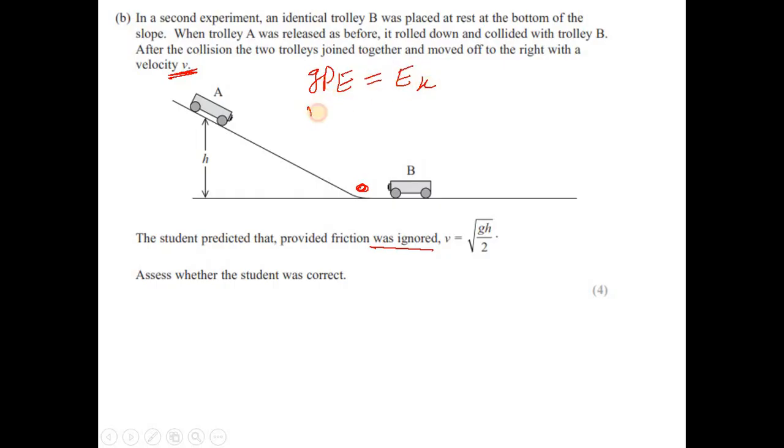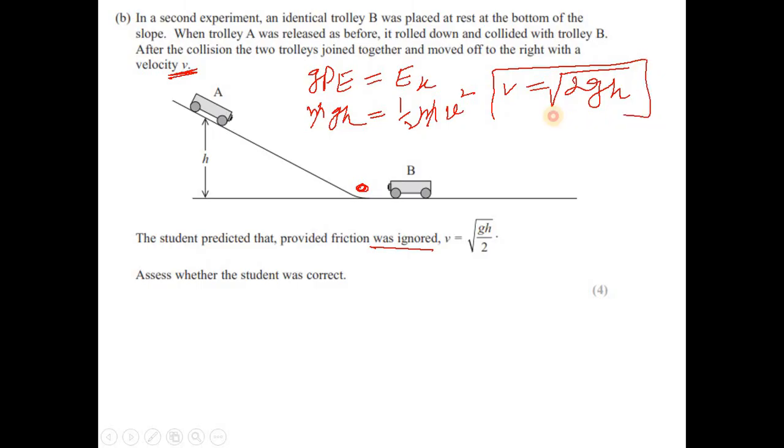So mgh is equal to half mv squared. So mass gets cancelled, and v is in fact root 2gh.